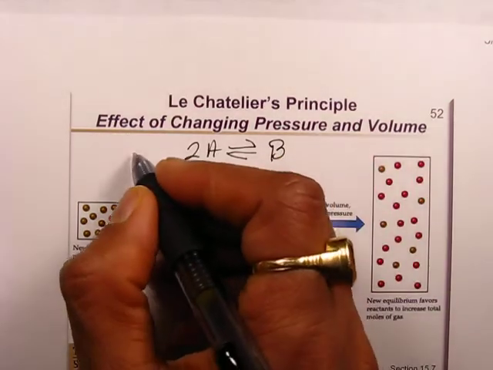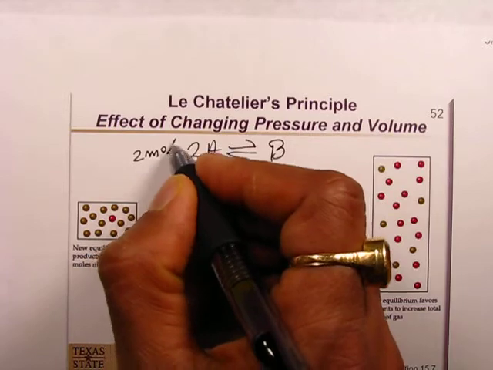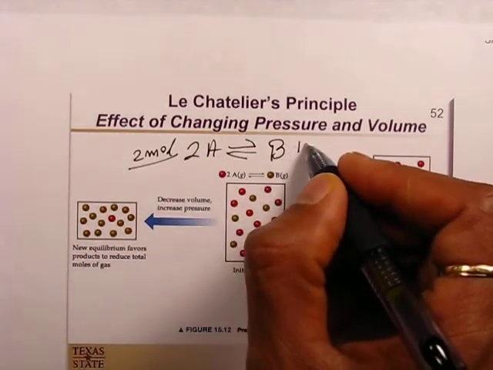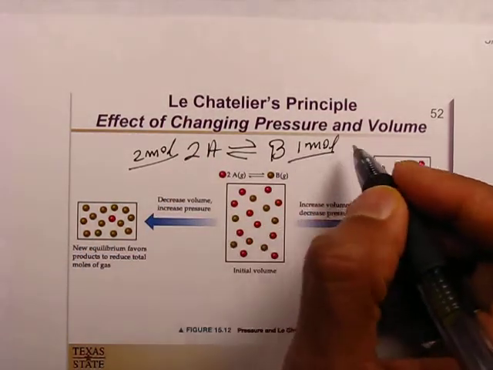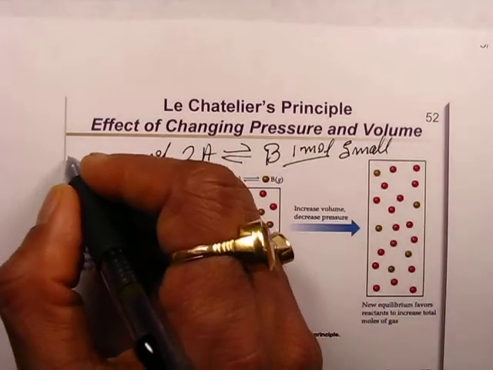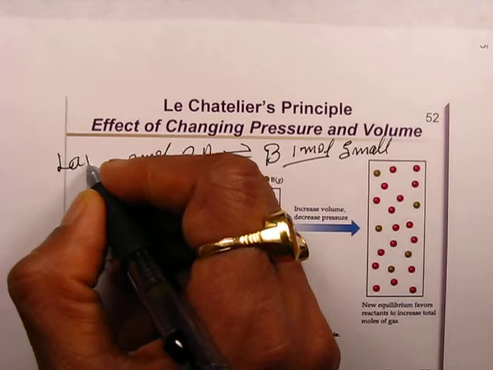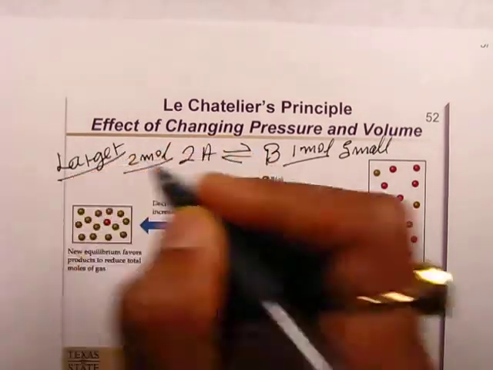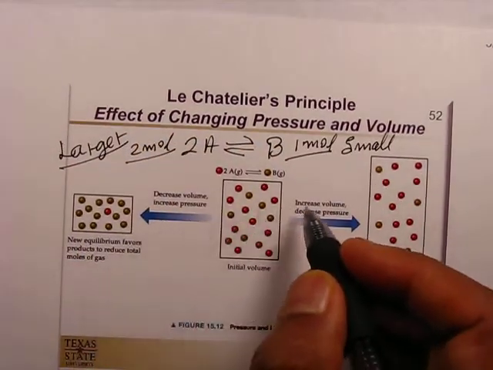So here 2 moles are there on the reactant side, and here is 1 mole, means a small number is on this side and a larger number of moles on this side, right. So what will happen?